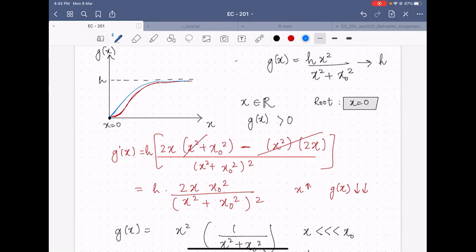So in that case, the initial increase looks very linear, because you have x instead of x square here. So the increase would look linear. But here, because you have x square, the initial increase is like a parabola when your x is really small.